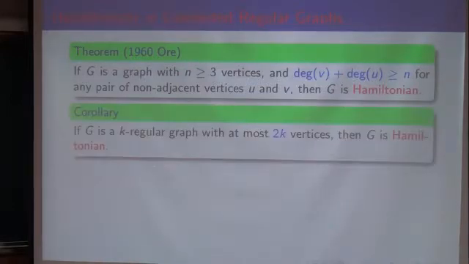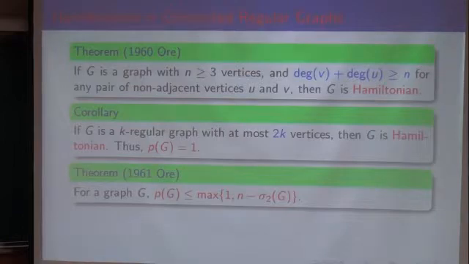So which means that if G is a connected k-regular graph with at most 2k vertices, then it's Hamiltonian, which means that the path cover number is equal to 1. But the condition to have a Hamiltonian cycle is stronger than to have a Hamiltonian path, right? So here's a slightly better one. The path cover number is at most the maximum of 1 and n minus the minimum degree sum of non-adjacent vertices.